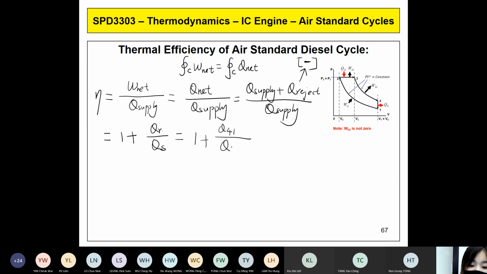Q for the heat supply is Q 2, 3, right? Remember these equations? We already know how to calculate this heat, the heat supply or the heat rejection, by temperature, right? Remember that?